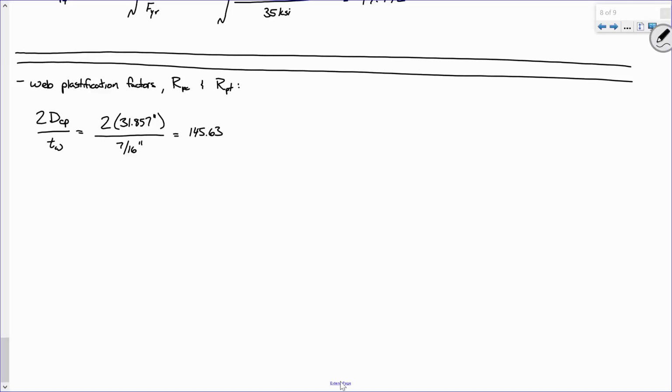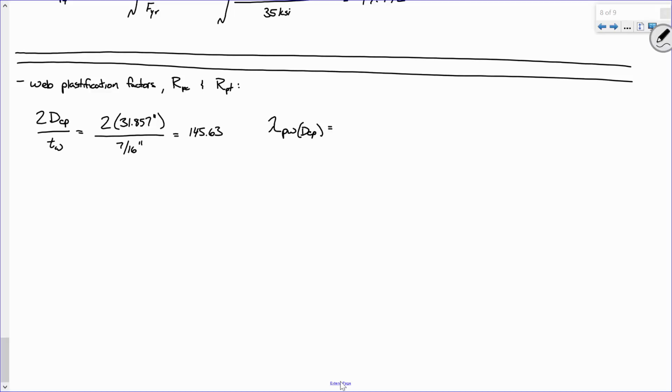So that's a measure of how slender that web element is at MP, if you want to think of it like that. Now I'm going to compare that against the limit. The limit is lambda sub PW at DCP. But guess what?